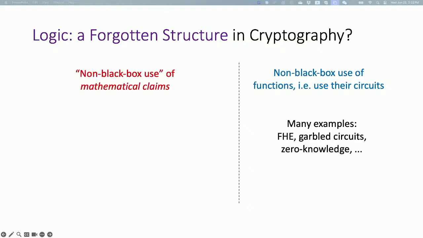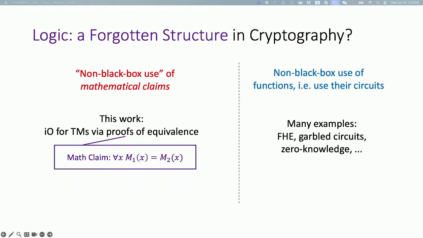So you can view our work on I/O for Turing machines as a non-black-box use of mathematical claims. This is because a mathematical proof of a mathematical claim is just similar to a circuit versus a function. Circuits can be viewed as a way to realize a function, and the mathematical proof can also be viewed as a way to realize a mathematical claim.